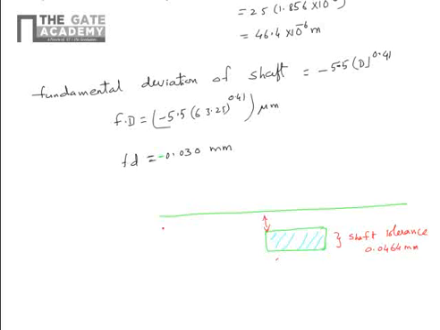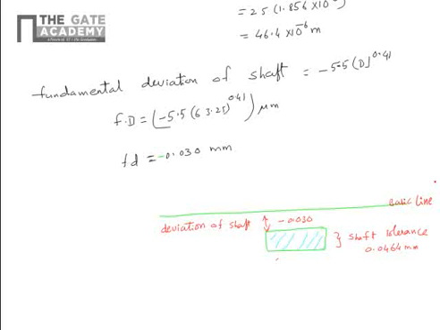Minus 0.030. Minus because it is below the basic line. Below the basic line is always called negative values. So whatever values you get below the basic line will be denoted as negative.